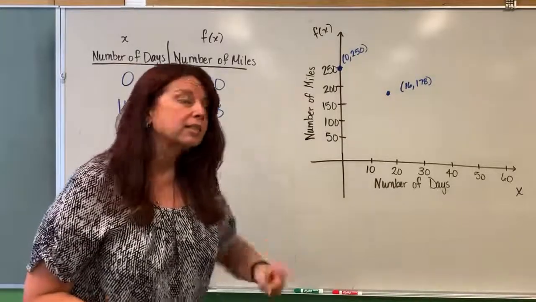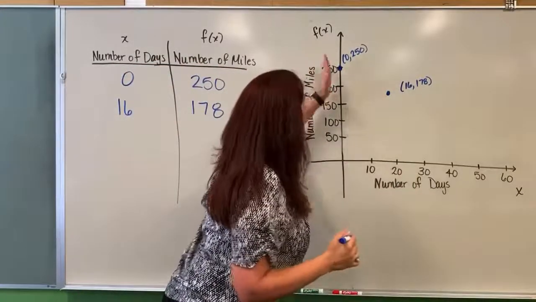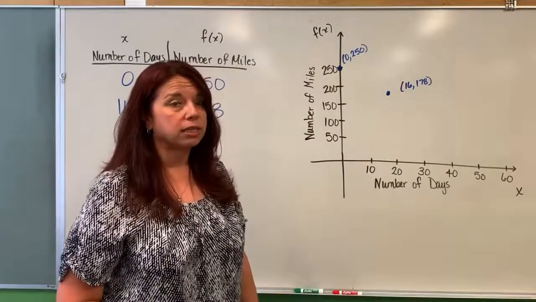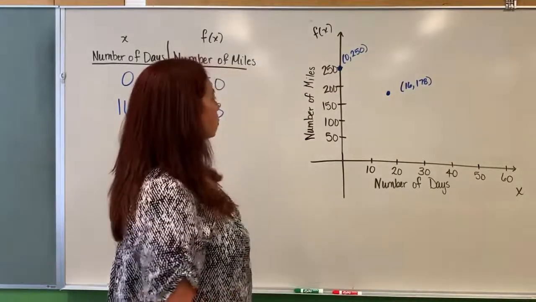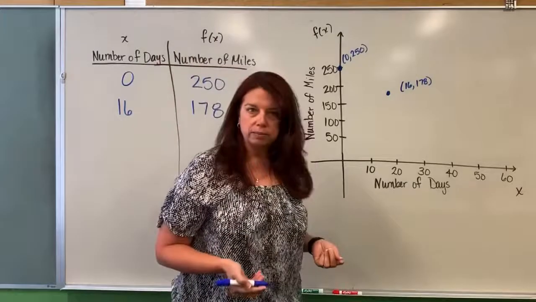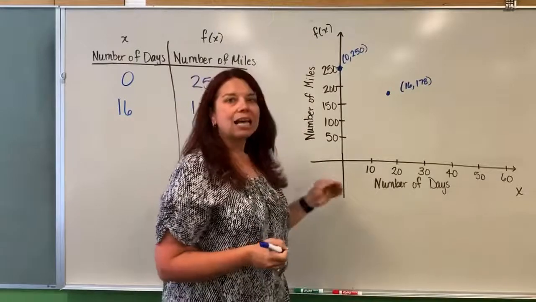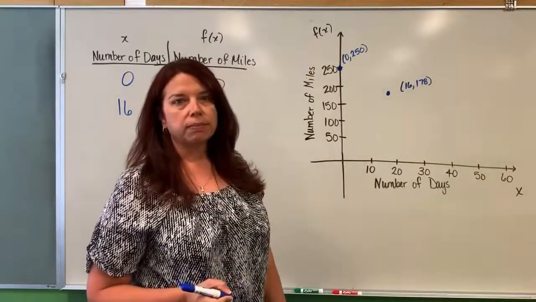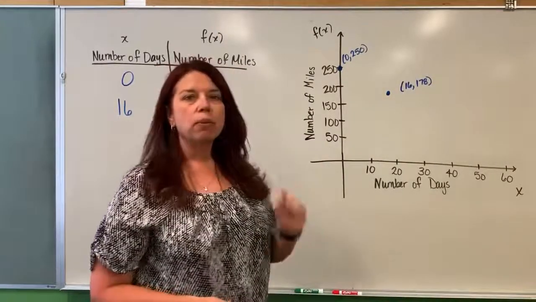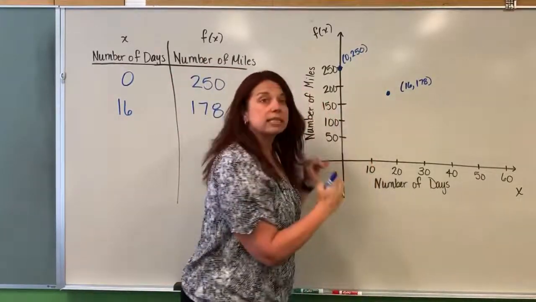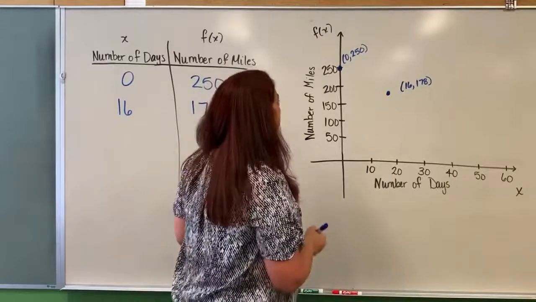But the question is, in what way would we actually connect those 2 points? There are many options for us to consider. Let's explore a little more. Let's assume that the miles draining out are constant for every day that elapses. If that's the case, let's check out what happens after 8 days. 8 days is halfway between the 0 and the 16 that we were interested in.